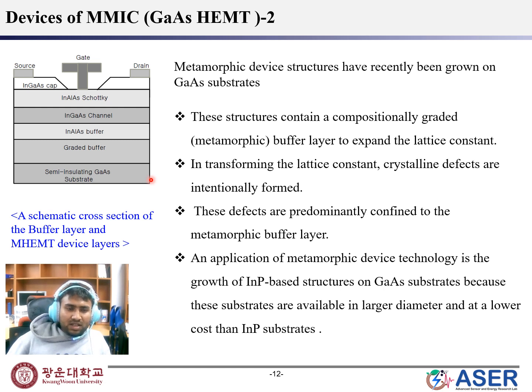In transforming the lattice constant, crystalline defects are also intentionally formed. These defects are predominantly confined to the metamorphic buffer layer. An application of metamorphic device technology is growth of indium phosphide based structures on gallium arsenide substrates, because the substrates are available in larger sizes and at lower cost than indium phosphide substrates.